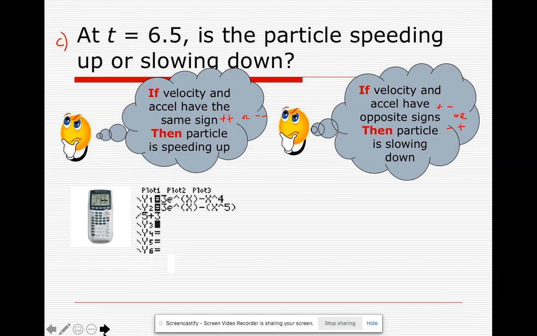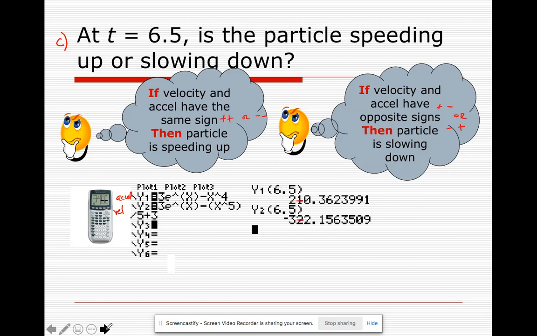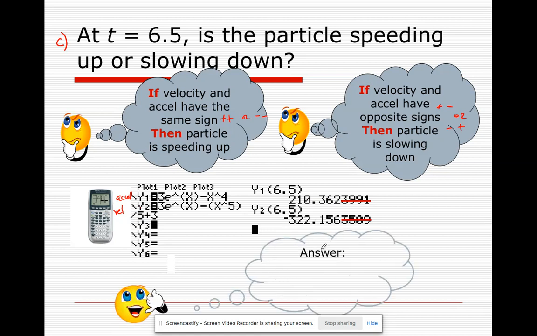So in your calculator, notice I have acceleration in Y1. I have velocity in Y2. I don't need the derivative of acceleration anymore. I am just using my home screen, calling up and putting 6.5 into both, looking at my answers. I don't need those decimal places, but this is what I write.